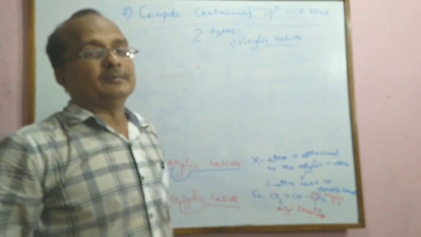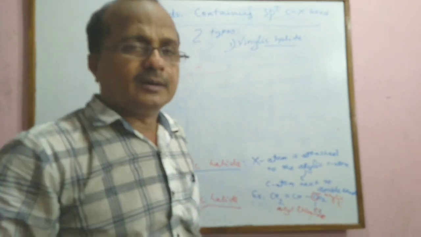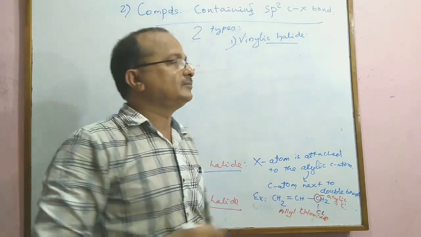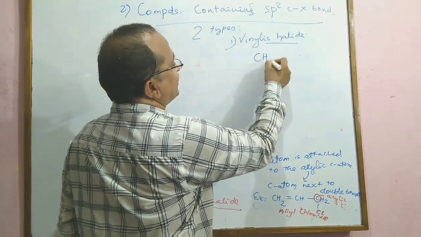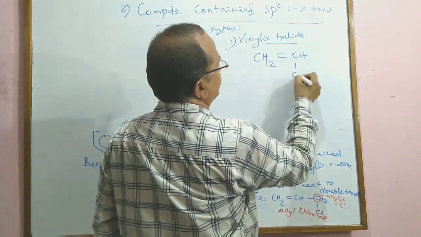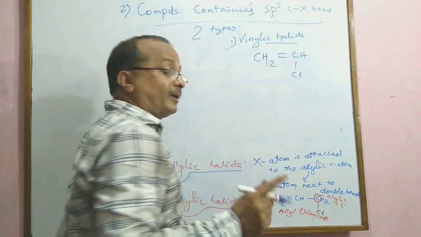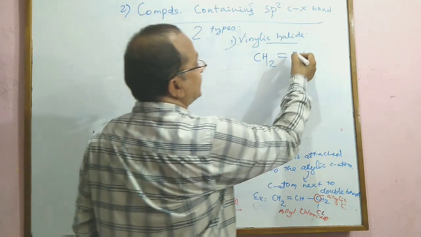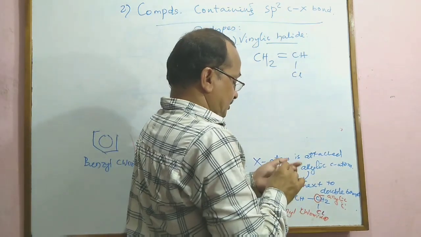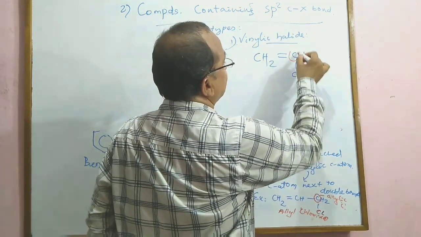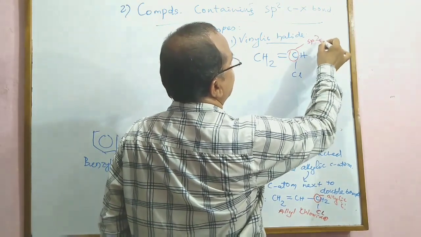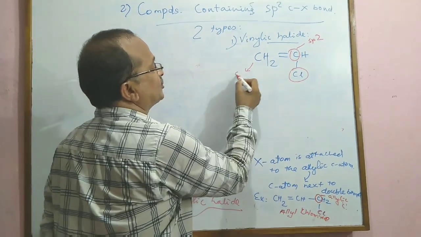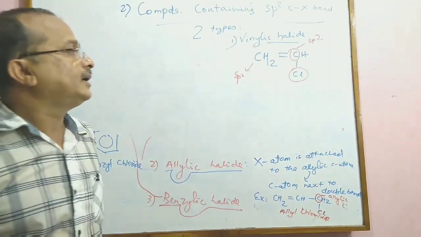Vinyl carbon, what is that carbon? The carbon atom which is attached to the double bond. So example is CH2=CHCl. Double bonded carbon atom is vinyl carbon which is sp2 hybridized. So this carbon atom is sp2 hybridized. Here halogen atom is attached. This is also vinyl carbon. It is also sp2 hybridized. And the compound name is vinyl chloride.